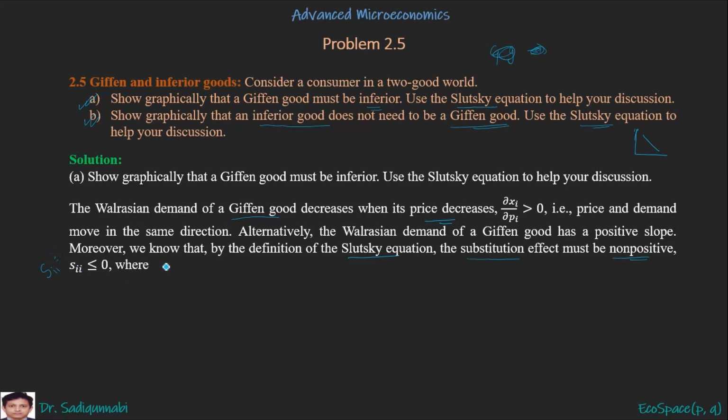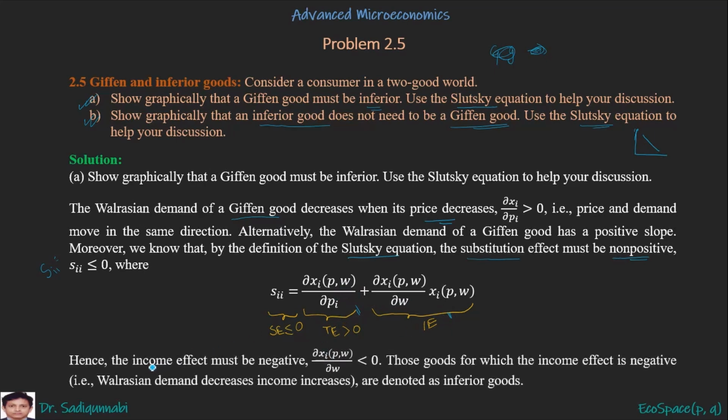So here is the substitution effect with the total effect and income effect. So we can say that the income effect must be negative. Why? Because in order for this to be negative, it must be negative, because the total effect is positive.